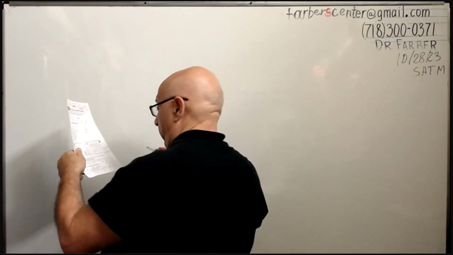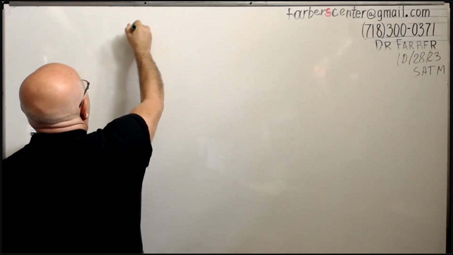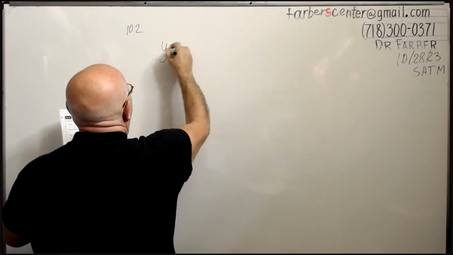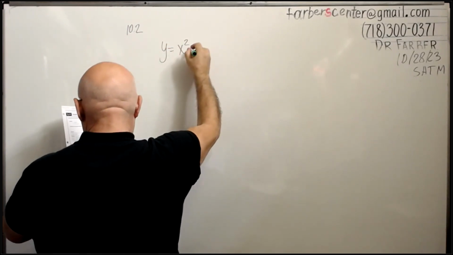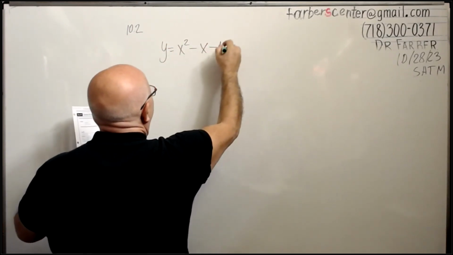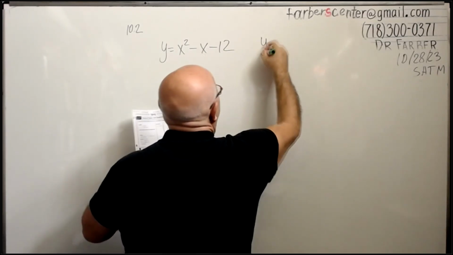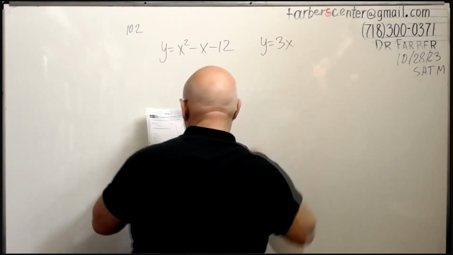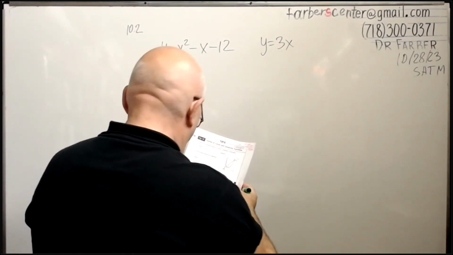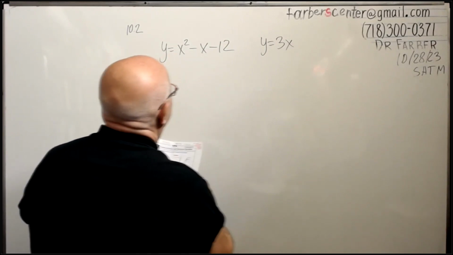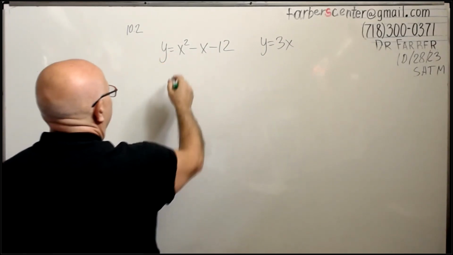We have 2 equations: y equals x squared minus x minus 12, and y equals 3x. How many solutions does the system of equations have? So make them equal to each other.